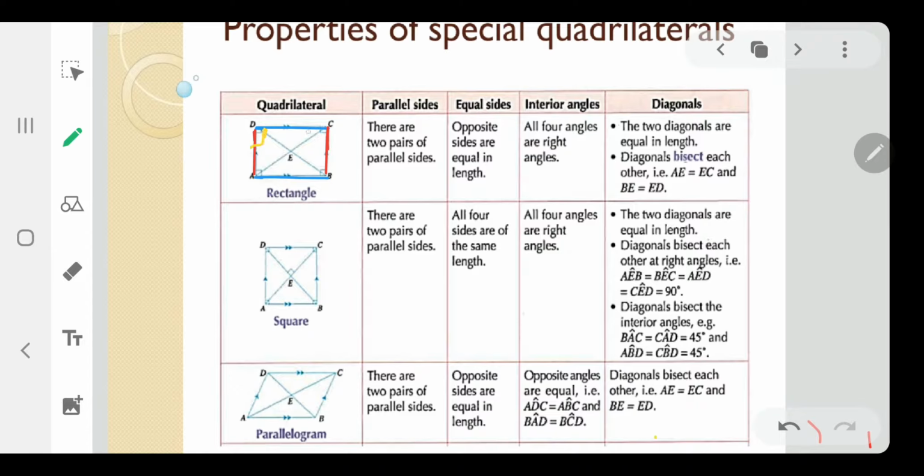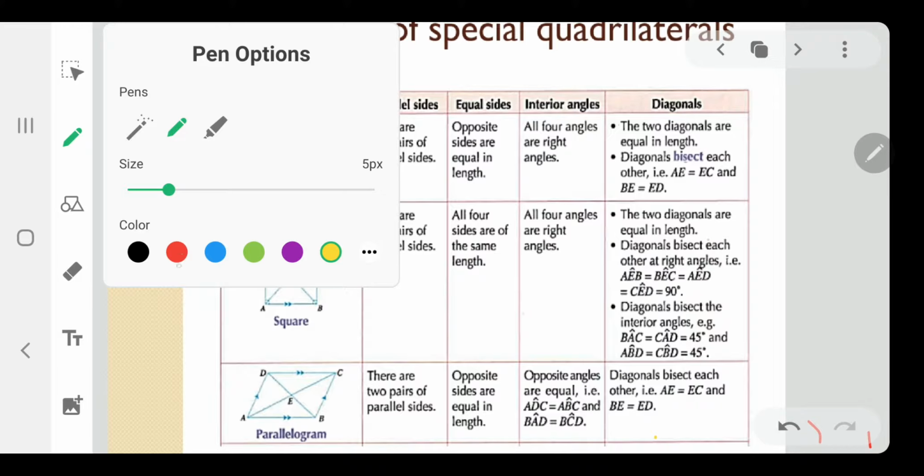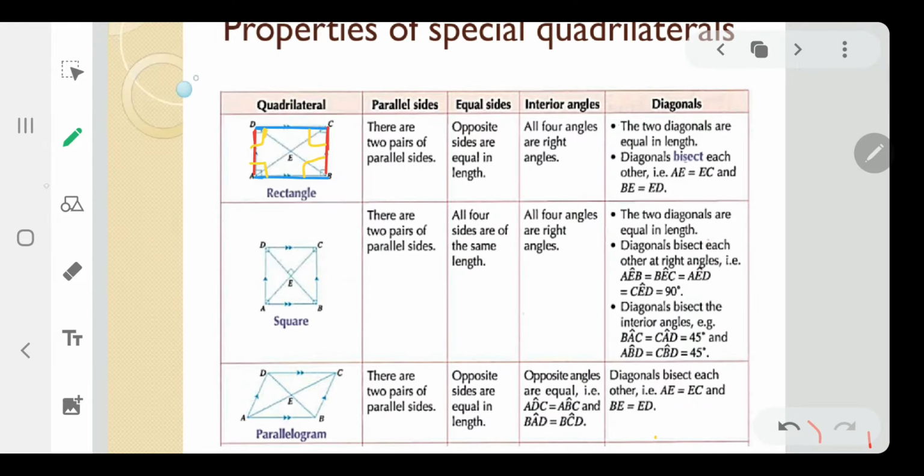This is a right angle, this one is a right angle, and this is a right angle, which means that the angle is 90 degrees. There are two diagonals equal in length.